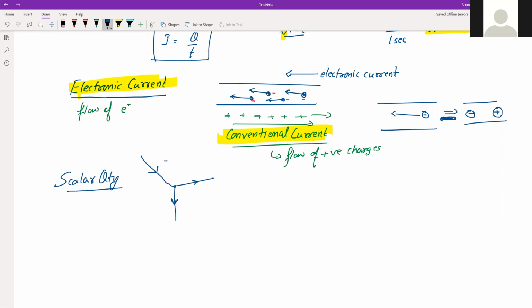Suppose this is 5 amperes, this is 2 amperes, so this will be 3 amperes. Simple, it does not depend on the direction. Just like any normal scalar, the same arithmetic is applicable. So that is about the introduction of electric current.